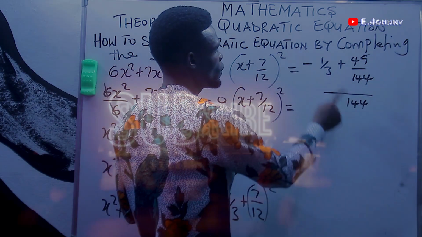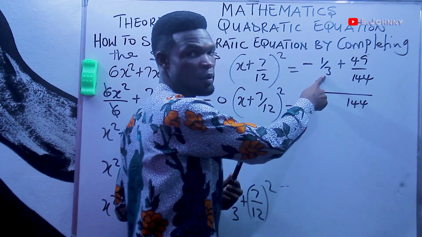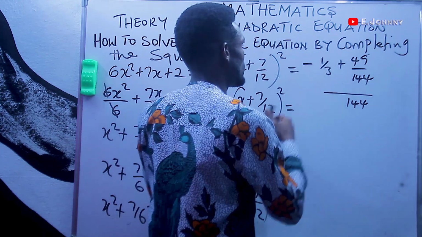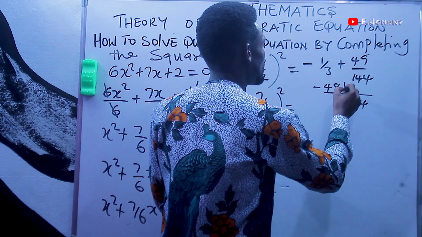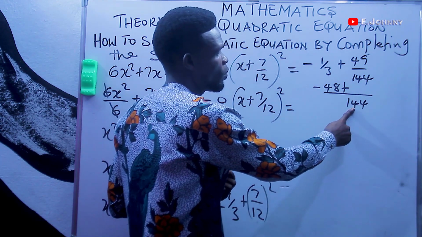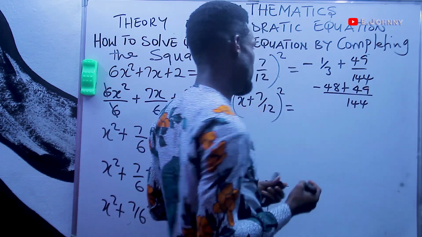Now 3 goes into 144. That's 144 divided by 3. That will give you 48. 48 times minus 1 is minus 48. Plus 144 goes into 144, that will be 1. 1 times 49 is 49.